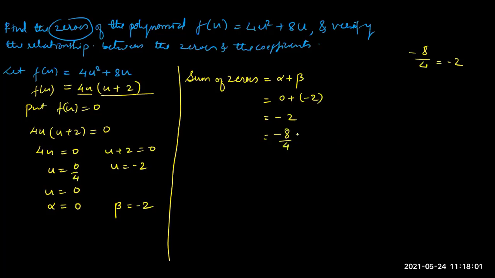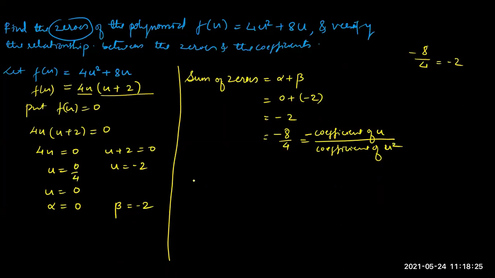So minus 8 means the coefficient of u, divided by the coefficient of u square.